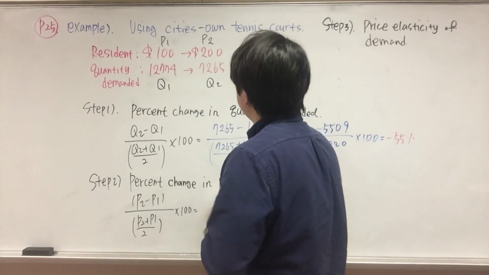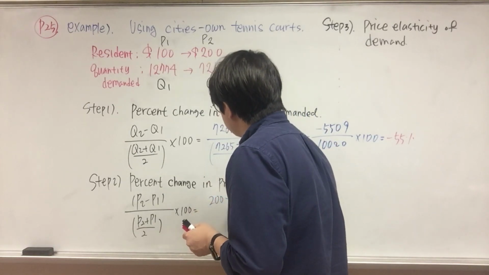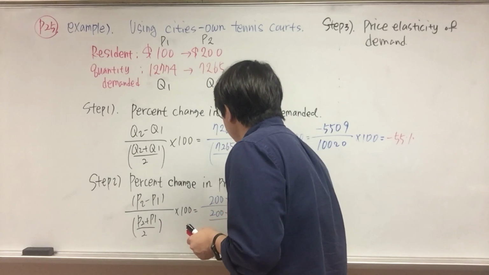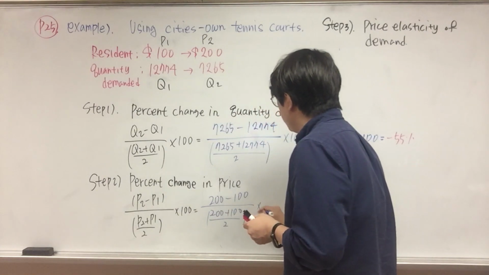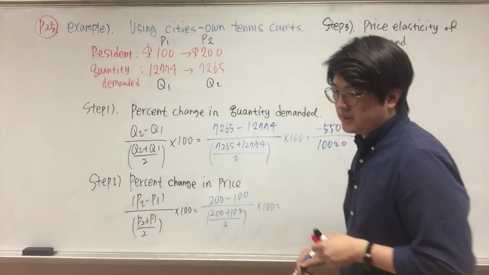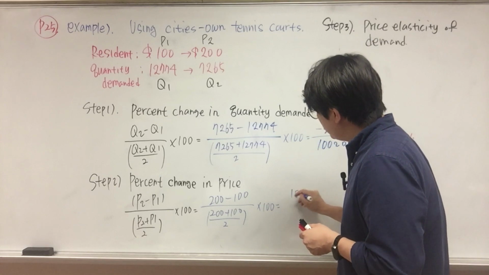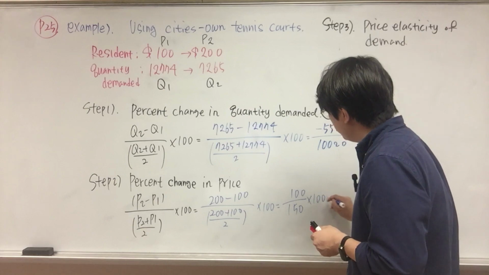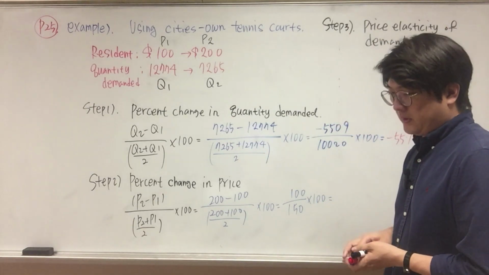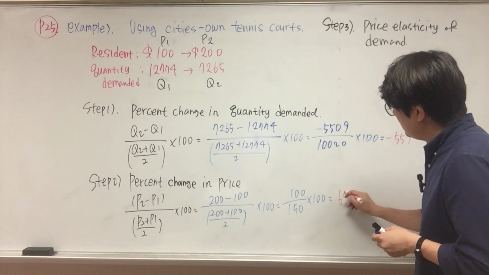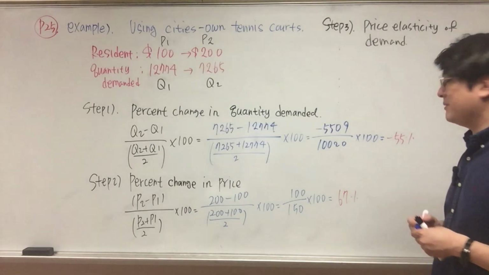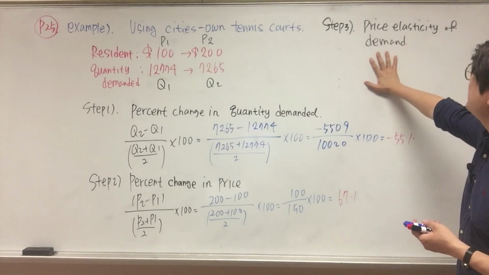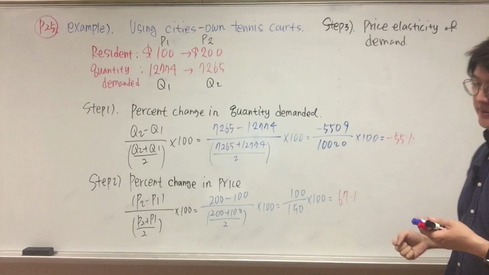So P2 is $200 minus $100 divided by the average value, times 100. What is that? 100 divided by 150 times 100 ends up, in the end, with plus 67%.